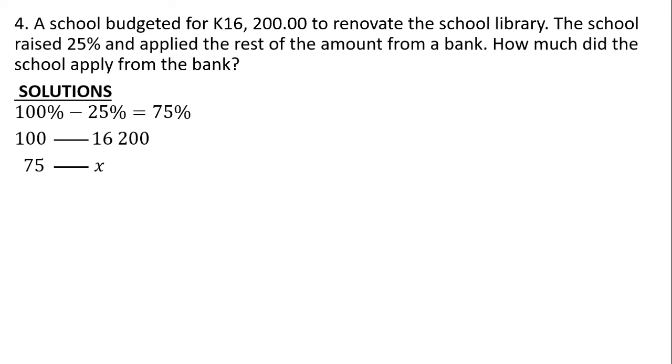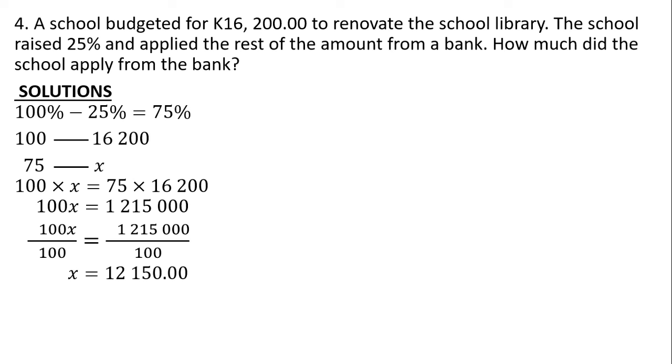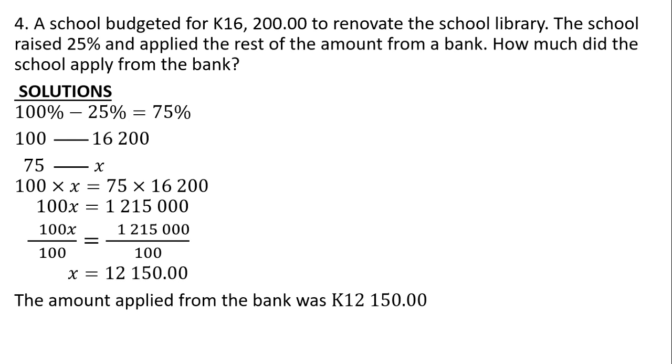We cross multiply: 100x equals 75 times 16,200, which is 1,215,000. Dividing both sides by 100, x is equal to 12,150. Therefore, the amount applied from the bank was 12,150 kwacha.